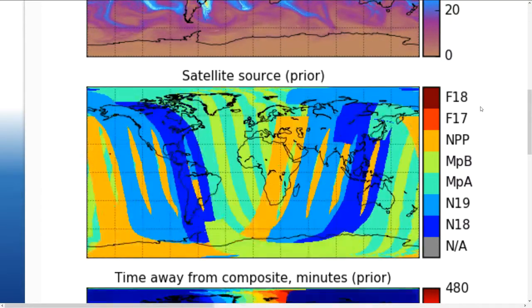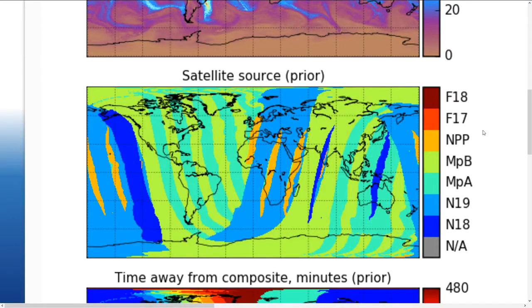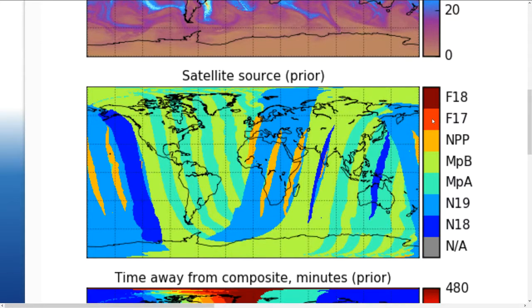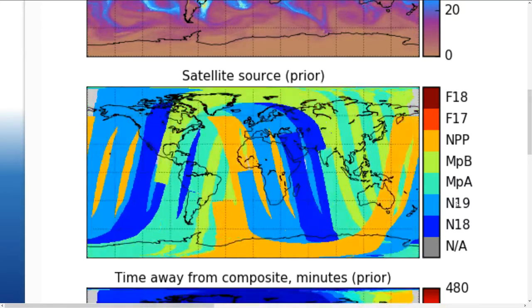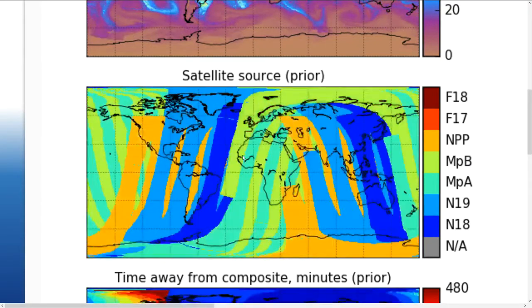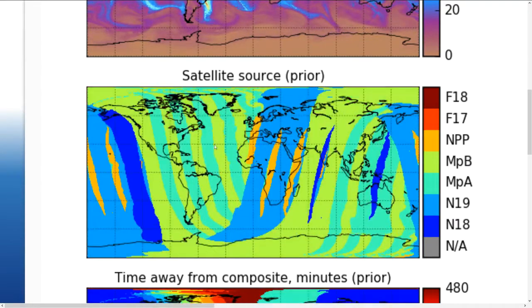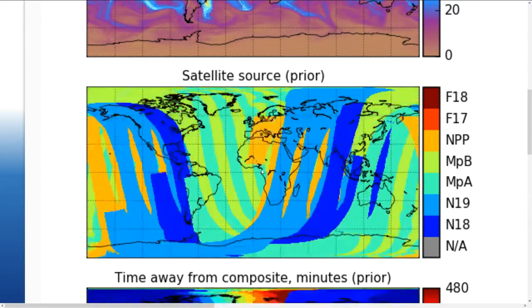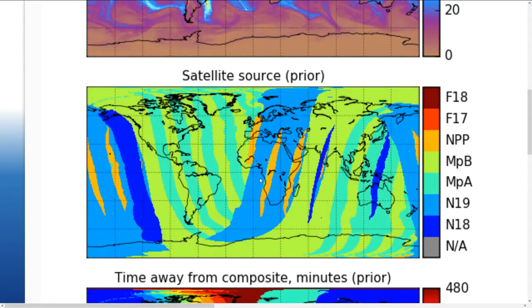You can see them here in colors. The DMSP F-18 would be in brown, the 17 spacecraft would be in red, and all these other spacecraft, NOAA 18, NOAA 19, they all contribute here. And you can see the colors of this and the width of the swaths of data that they produce for this movie.